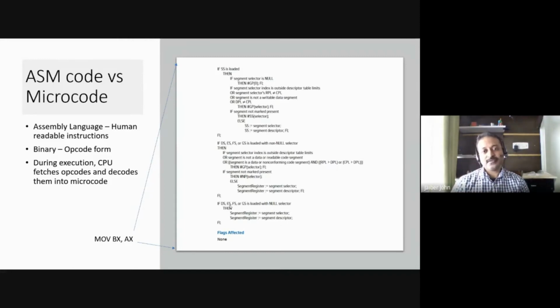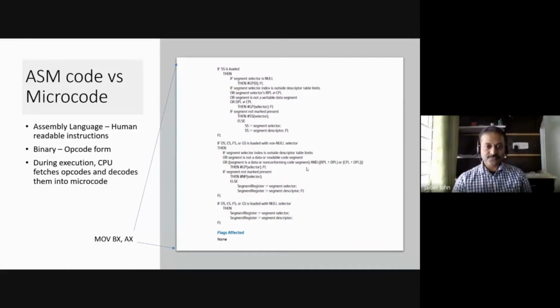We have these processor rings of privileges, so we have to check that. That's the RPL and DPL, right? Requested privilege level and the current privilege level and so on. So there are so many ifs and so many checks we have to do before we actually do the move operation.